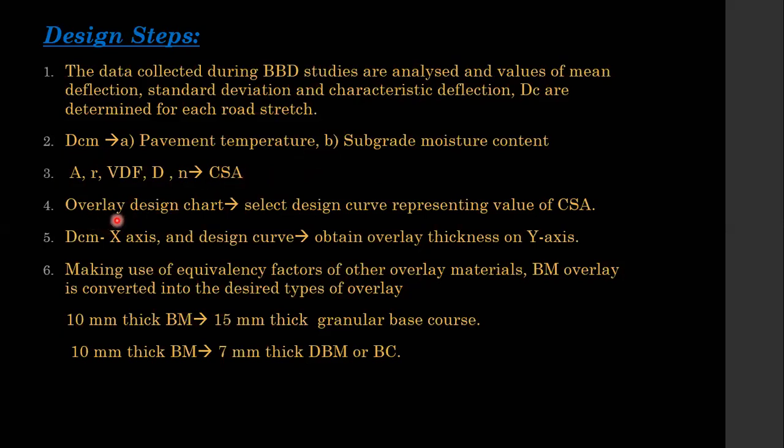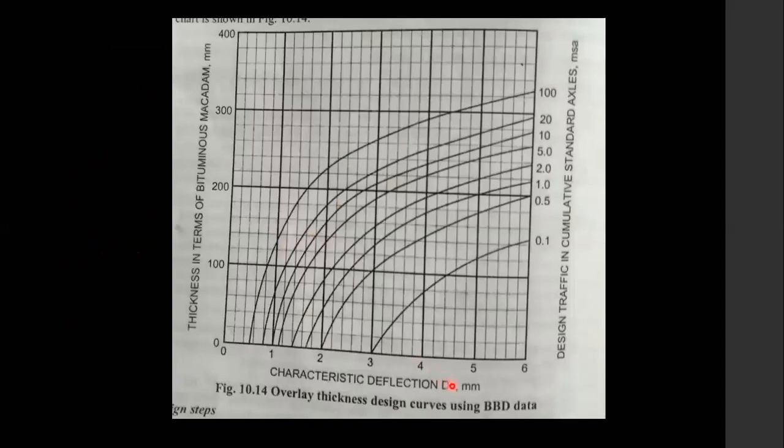Next, in the fourth step, you will use the overlay design chart. In the previous slide, I showed the chart. It's shown, isn't it? Same graph, that is, select the design curve representing the value of CSA, and DCM represents the x-axis. I will show. Okay, you have calculated DCM, and in this design you are calculating the CSA value.